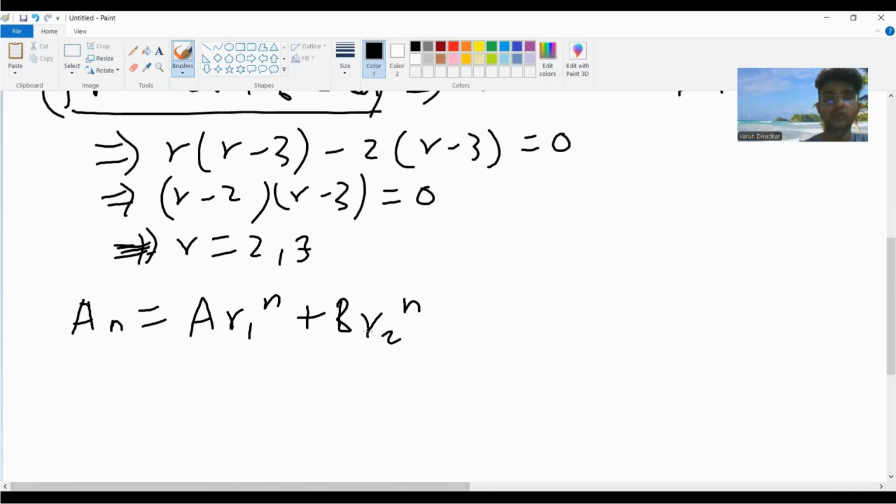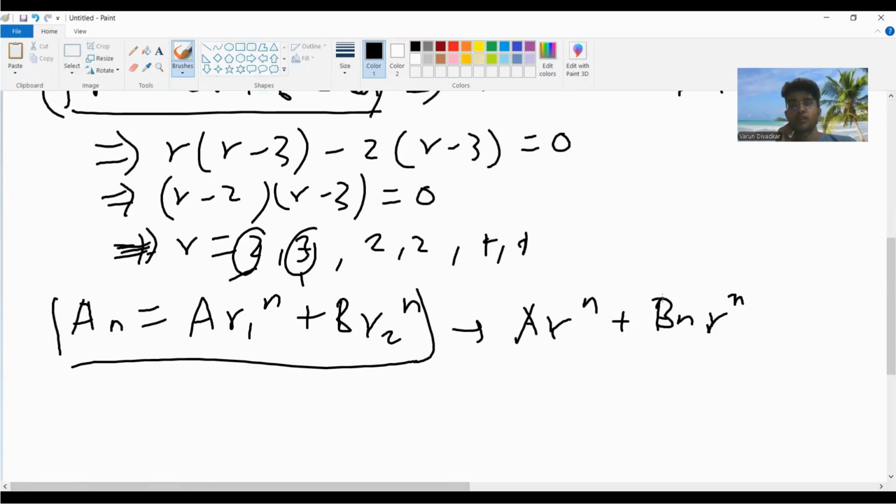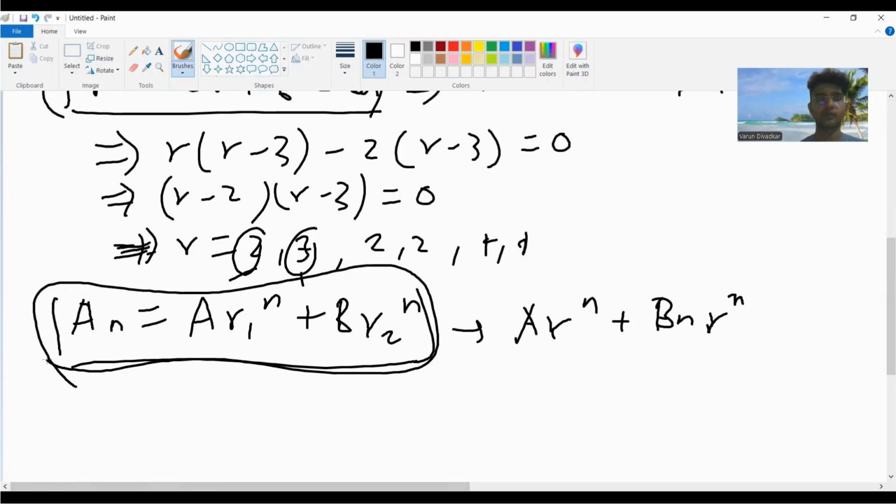This is the solution when the roots are real and distinct. You see 2 and 3 are distinct roots. But in case you have two equal roots, say 2 and 2, or 4 and 4, then the solution is slightly modified, given by a r raised to n plus b n r raised to n. That's the only difference here. Maybe I can take that example later, in another video. But for now, let's look at this solution.